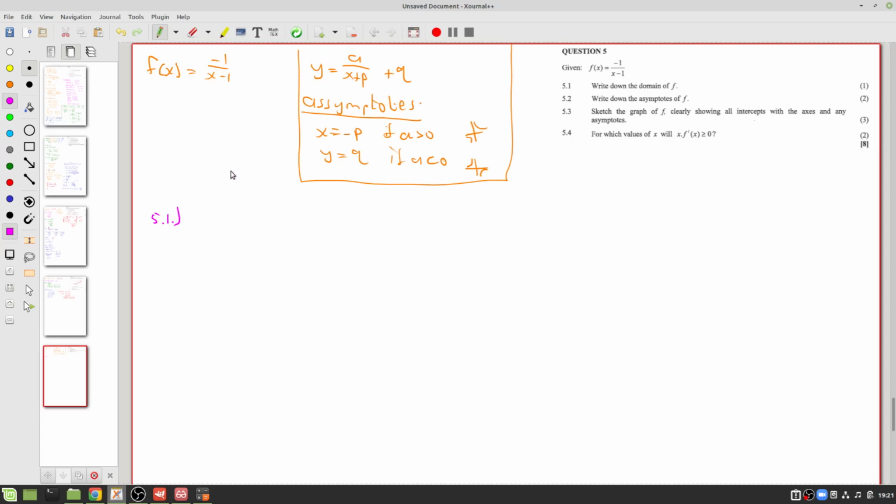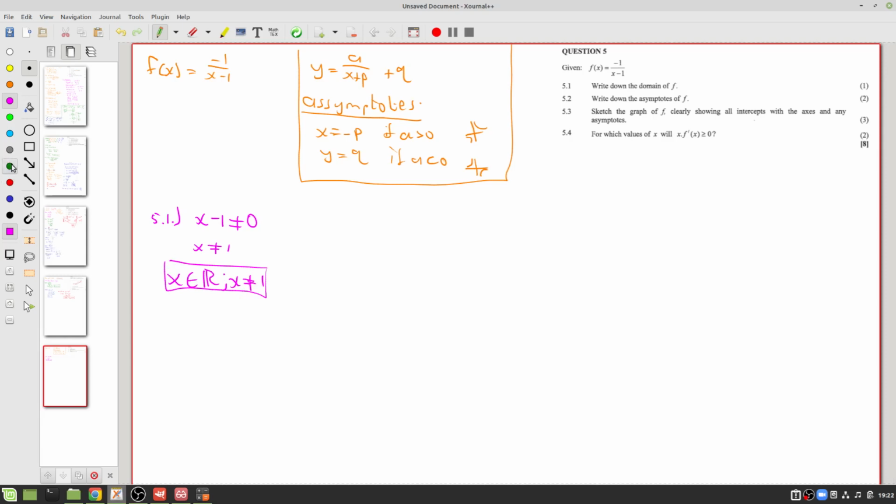No roots involved here, so we can just check what will give us 0 at the bottom. The denominator, x minus 1, cannot be 0. That means x cannot be 1, so x can be anything but 1. So x can be any real number except 1. That is the domain of f.